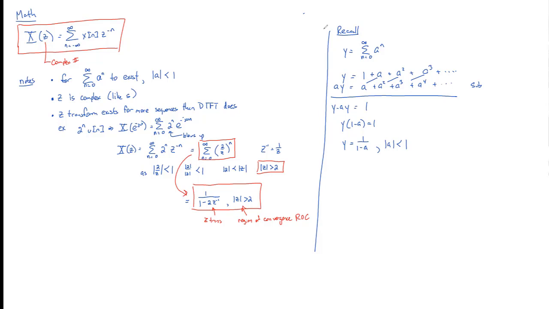And I think it's clear from this that you could generalize this to say that a to the n, u of n, has a Z transform that's 1 over 1 minus a times z to the negative 1, valid for absolute value of z greater than a. And so this suggests that now some poor schmuck could have created an entire table of these things. And here's our table.